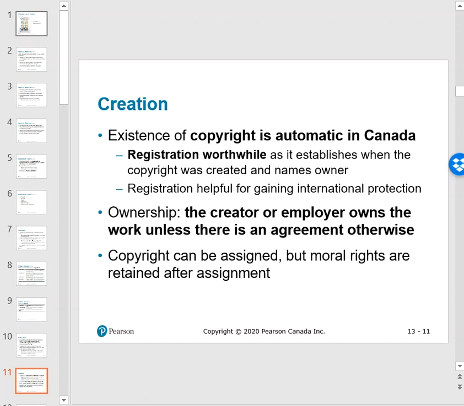So if you want to keep ownership of whatever creations you make in an employment relationship, make sure this is clearly drafted, clearly prescribed in your employment agreement. Okay?